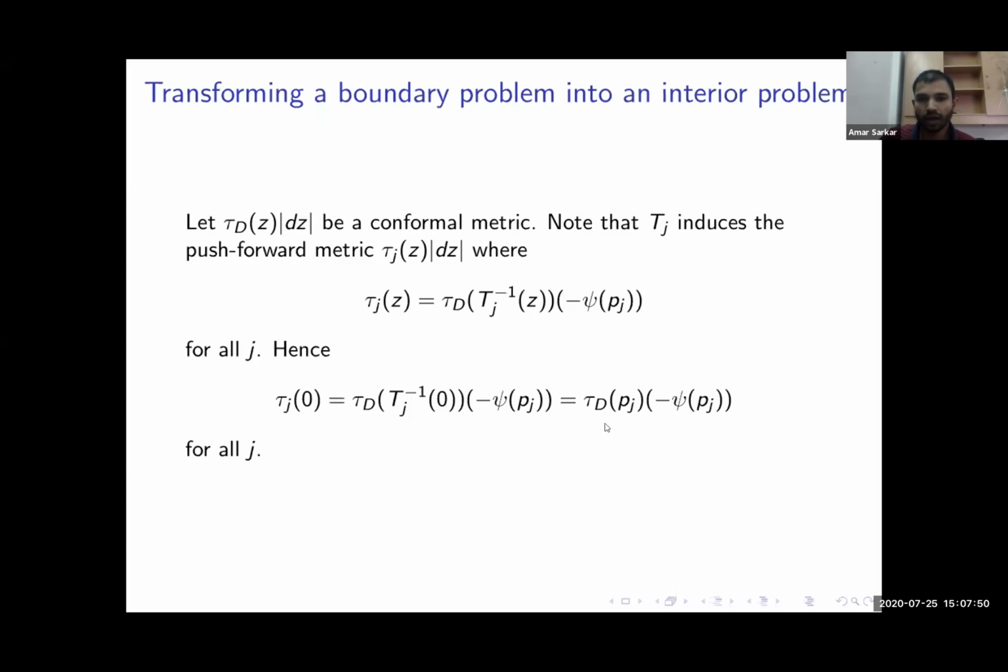This is a boundary problem, as we see that j tends to infinity. And here this is not a boundary problem because the point inside is fixed, but the domain is changing. So thus we have converted the boundary problem into an interior problem, but at the cost of varying the domains. But we have already seen these domains converge in the Hausdorff sense, and we are going to make use of that fact.